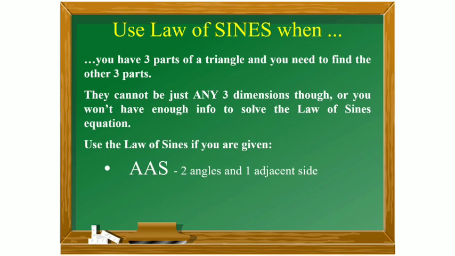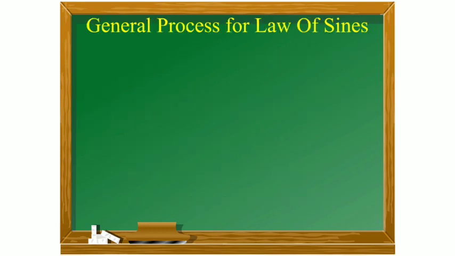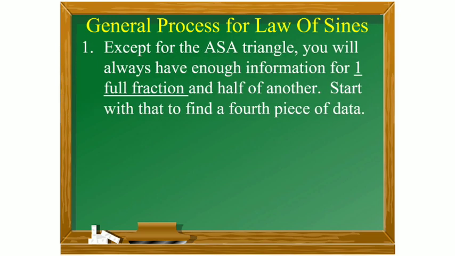You can use the law of sines if you are given AAS, the two angles and one adjacent side, and ASA, the two angles and their included side. For the general process for law of sines, we have three. Except for the ASA triangle, you will always have enough information for one full fraction and half of another.